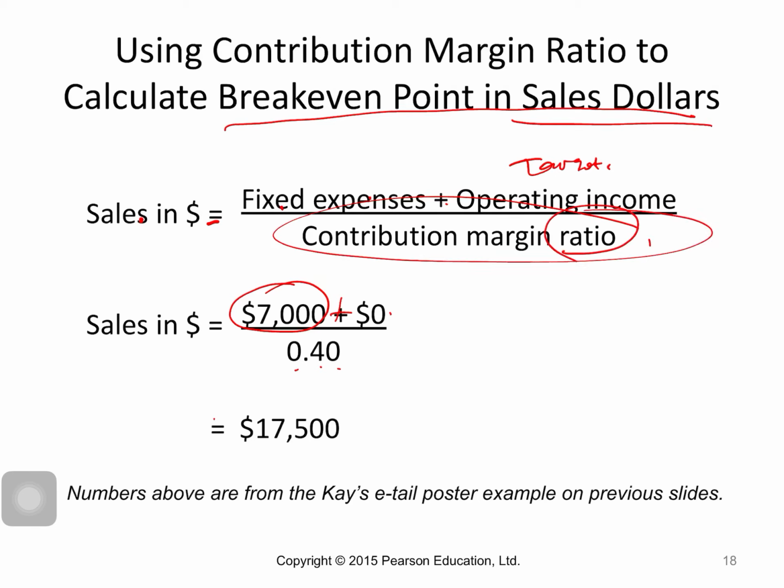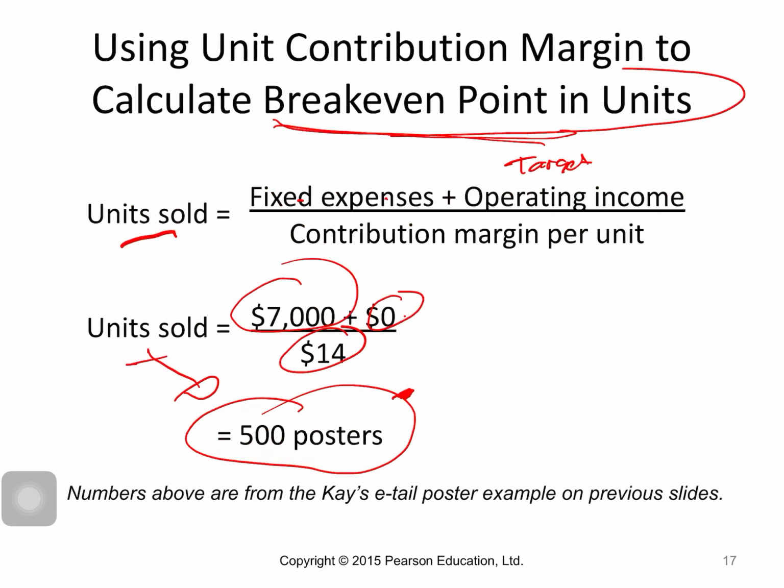Okay, then the sales in dollars is 17,500. So if you get sales of 17,500, then you will get the break-even point condition, no profit or no loss. Remember, this one is in dollars and the previous one is in units.